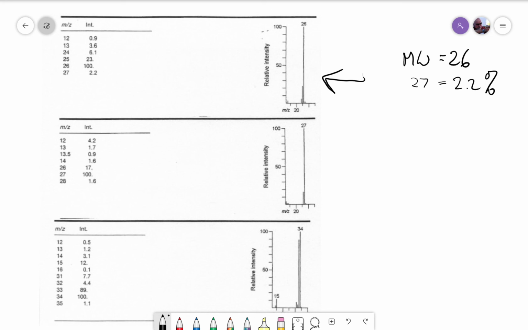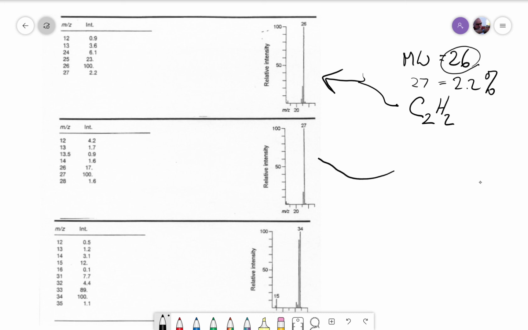Of the only rational explanations that can come about that would make that isotopic peak occur, that would suggest 2 carbons. That would get us to 24 of the AMUs. 2 hydrogens would make this molecule acetylene, C2H2.